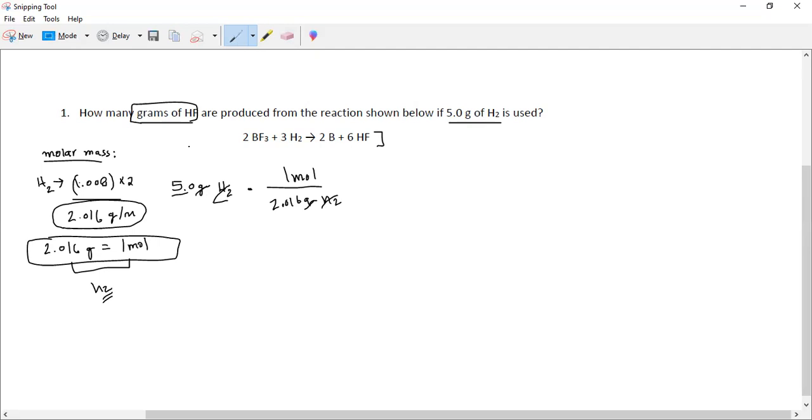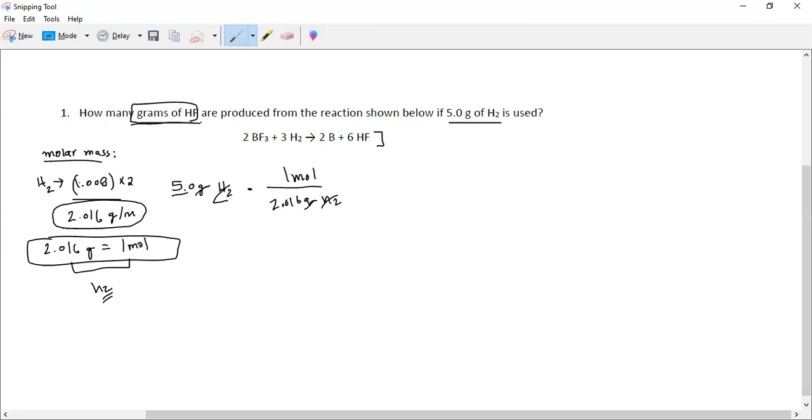But that's an intermediary answer, because if I were to stop here, I would just be left with the amount of moles that consist in 5 grams of hydrogen gas. That's not what I want. What I want eventually is how many grams of HF are produced, right?